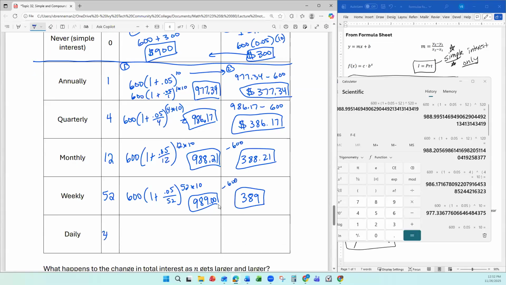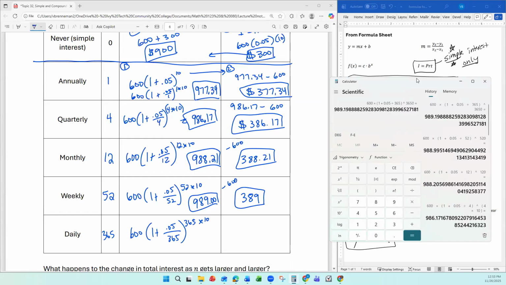Daily, n would be 365. So putting that in, 600 times parentheses 1 plus 0.05 divided by 365, and parentheses to the, again, I'm going to do the multiplication 3650 for the exponent there. And it comes out $989.20.